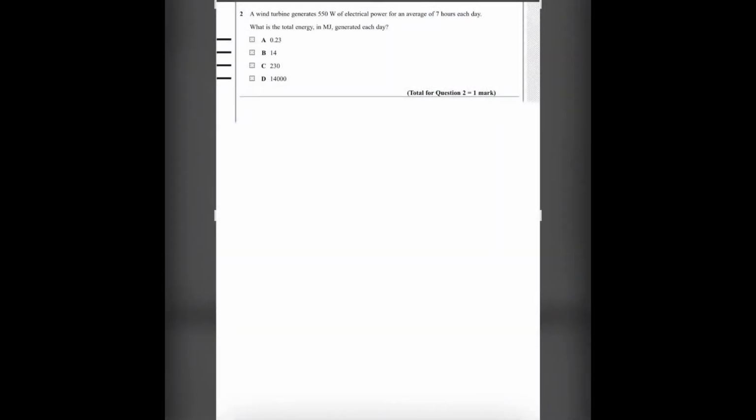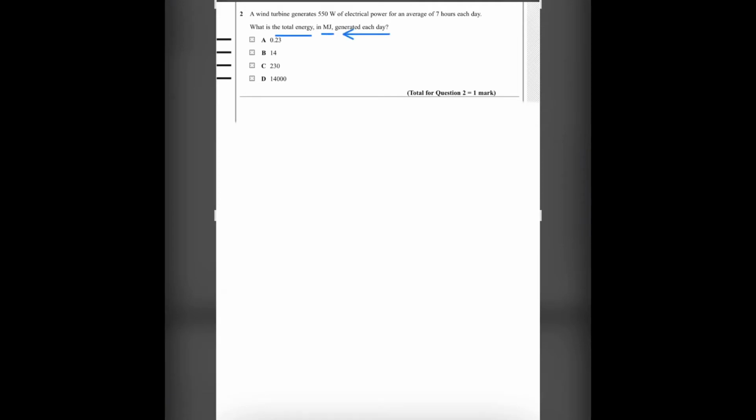Number 2. A wind turbine generates 550 watts of electrical power for an average of 7 hours each day. So out of the 24 hours, it only operates for 7 hours. What is the total energy in megajoules generated each day?